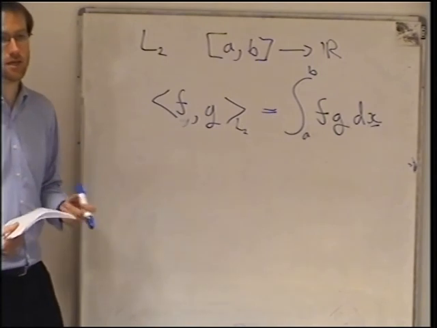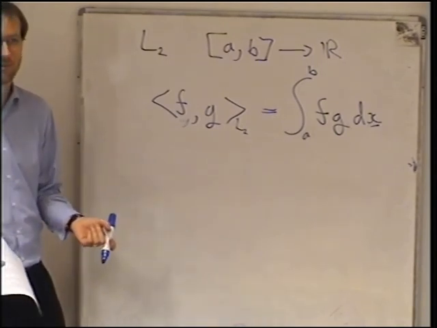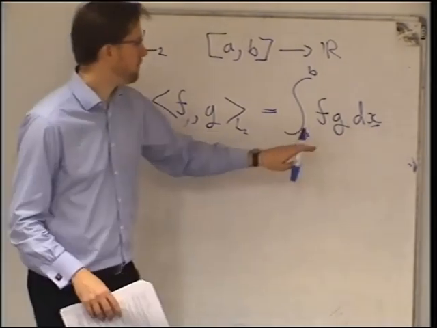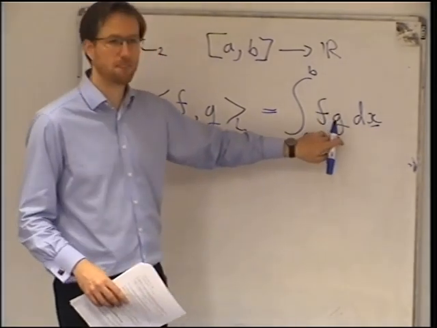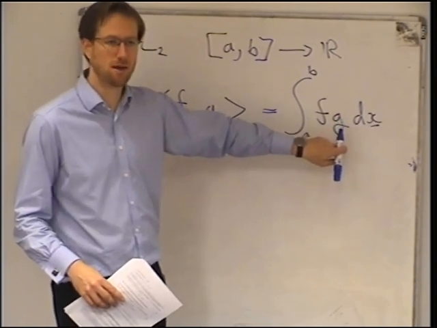Well, the linearity is easy, right? Because the integral is a linear operator. And so because I can multiply these out linearly using the distributive law, I can then apply it.